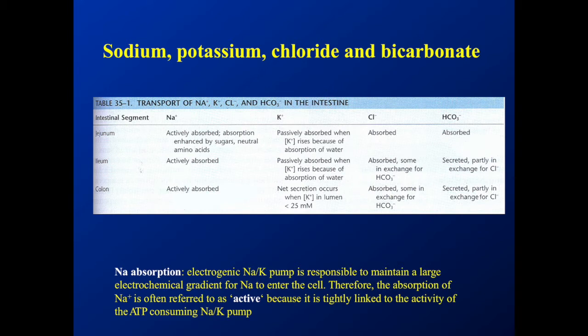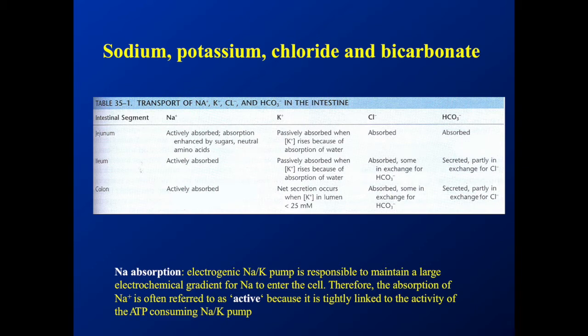It's not through a direct mechanism. You have the sodium-potassium ATPase that functions on the basolateral side of the membrane, and this lowers the concentration of sodium in the cytosol, and this allows a gradient then for sodium to come in with sugars and etc.